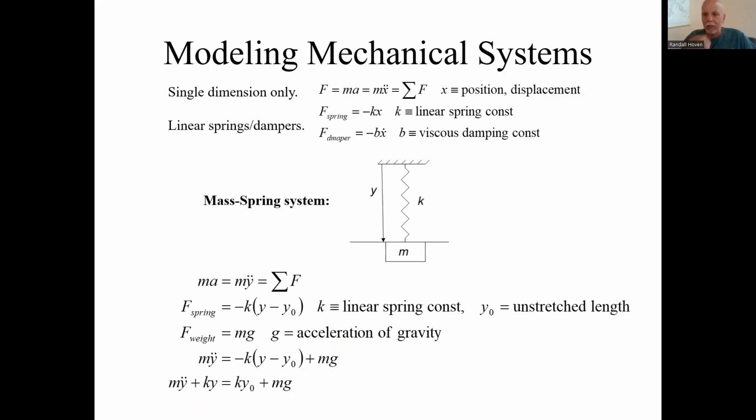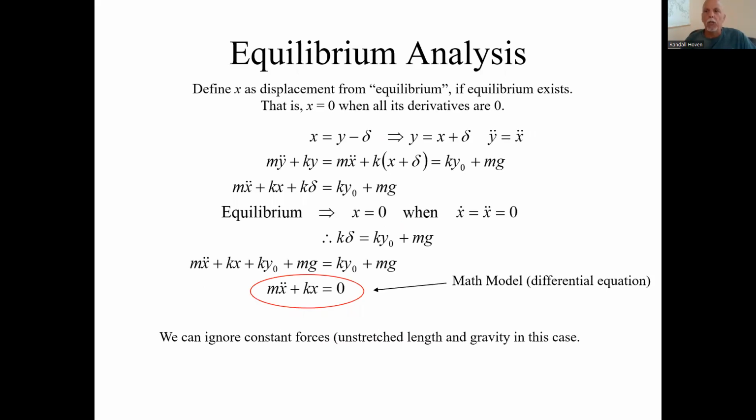So let's talk about equilibrium analysis, if such an equilibrium exists. We'll define x as the displacement from equilibrium. That is, we'll say x equals 0 when all its derivatives are 0.